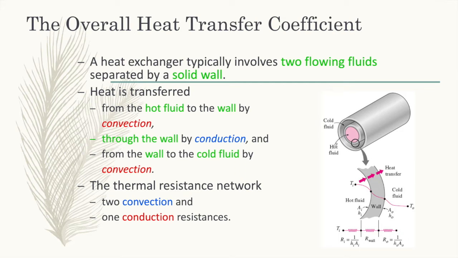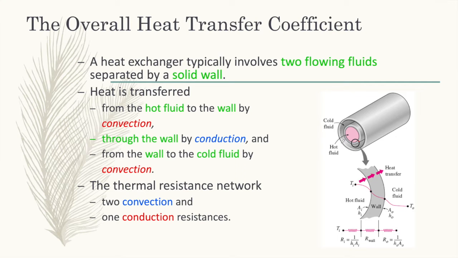So we have hot fluid inside this inner tube, and the cold fluid flows in the annular space. If we enlarge this area, it will look like this.